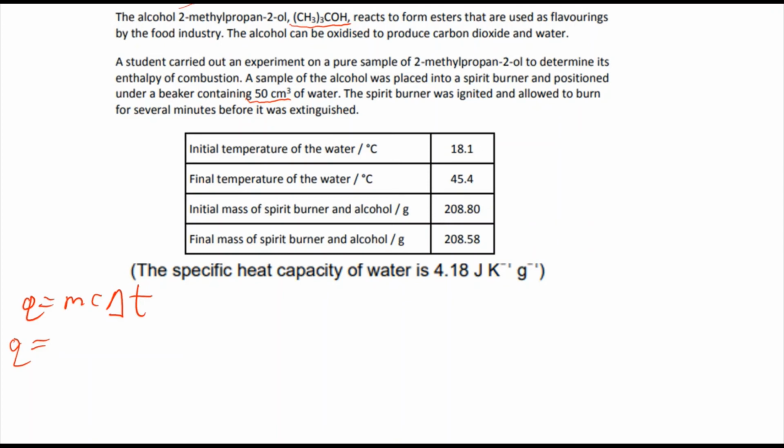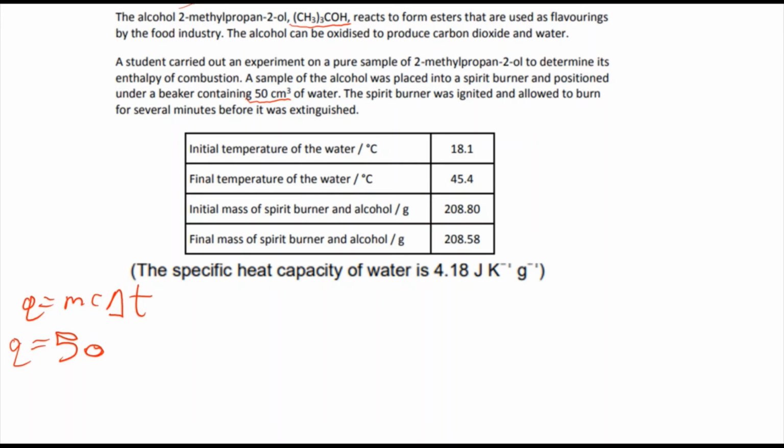So just remember that water has a density of 1 gram per centimeter cubed. So this just means that 50 centimeter cubed would be equal to 50 grams. And usually with any other liquid they provide you with, it would usually have the same process, unless it's stated otherwise that it has a different density.